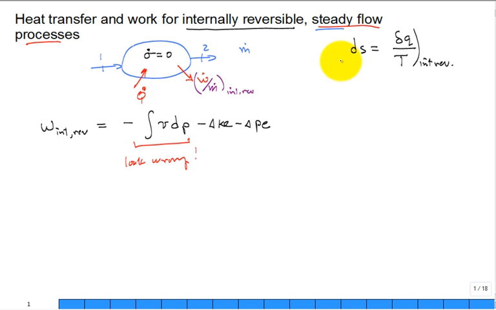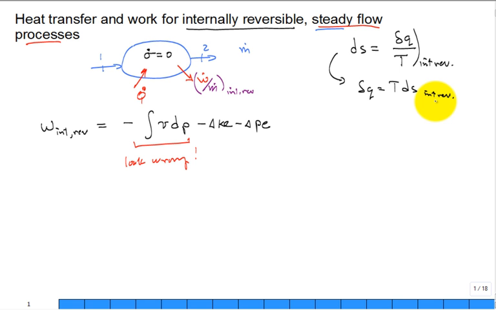So if we rewrite this equation, we could say that delta Q is equal to T ds. We've seen that a couple of times, right? When is that true? When it's internally reversible. That means that the entropy change is only due to a heat transfer, not because of irreversibilities.